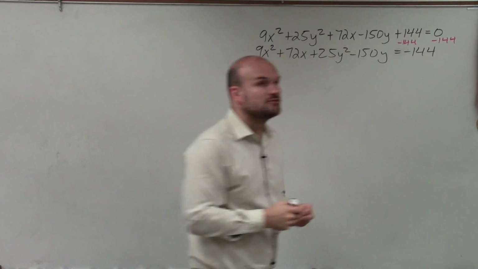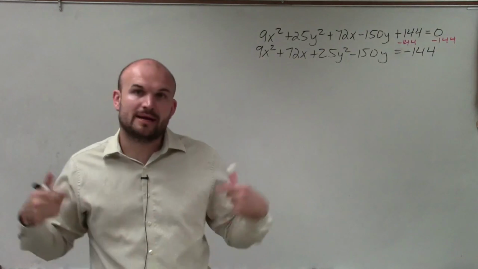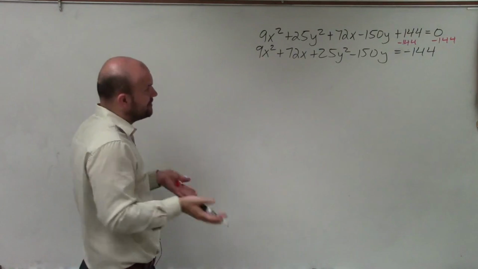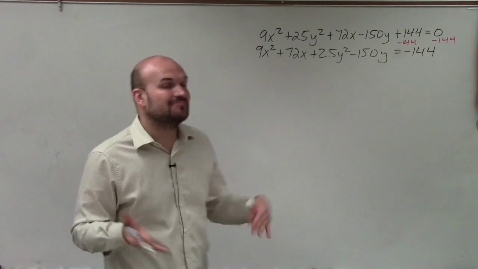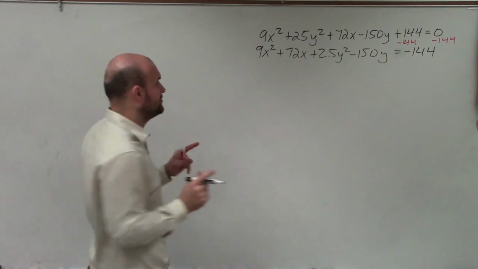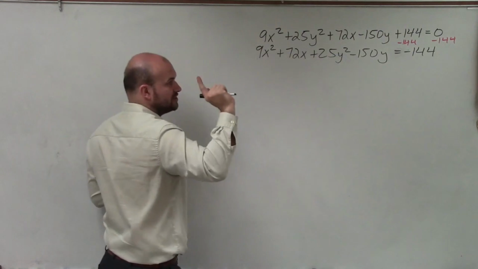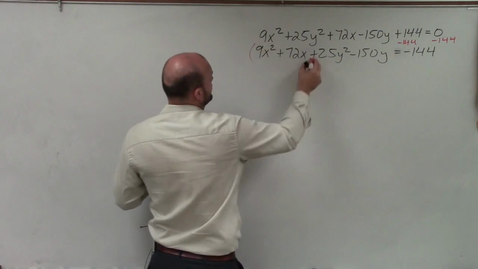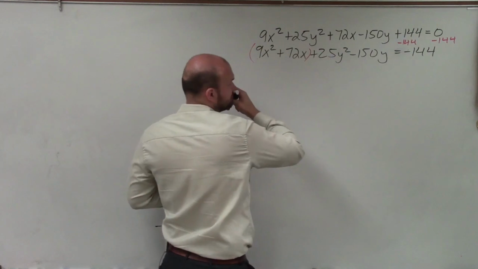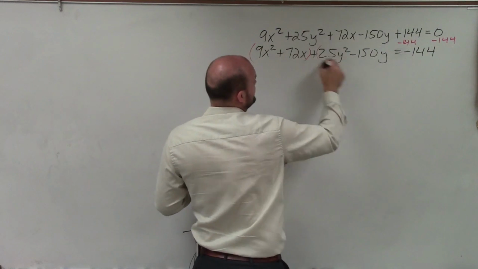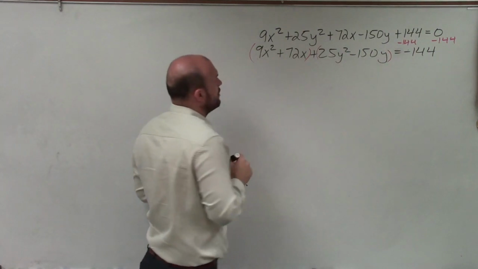OK, so now to write a binomial squared, we've got to create perfect square trinomials. And to create perfect square trinomials, we've got to complete the square. So the first step in completing the square is getting your quadratic terms to have a coefficient of 1. So what I'm going to do is factor out the coefficients of my quadratic terms.